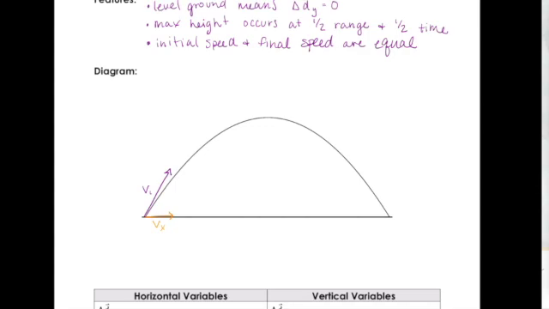Remember that we don't have an initial and a final velocity in the horizontal direction because there's no acceleration, so it's constant, so it's just regular vx. And then we have the initial velocity of y, and the angle theta, our launch angle.